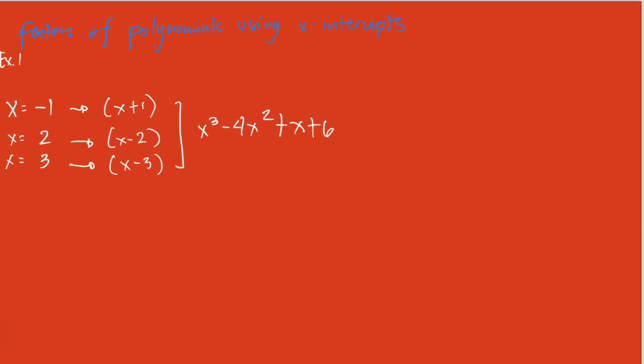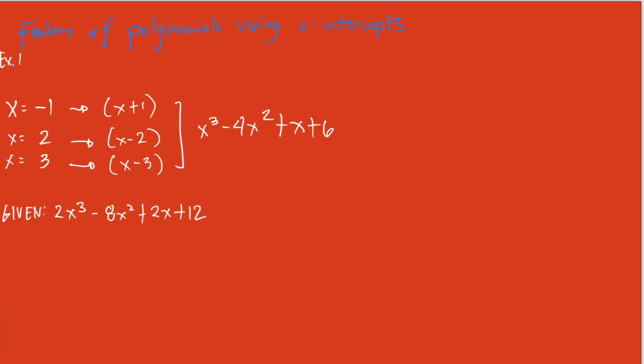I want you to take note of that. If you have those roots and you multiply the factors, you will get x cubed minus 4x squared plus x plus 6. This example will answer the questions that you might have here. But what if, for example, your given is 2x cubed minus 8x squared plus 2x plus 12?